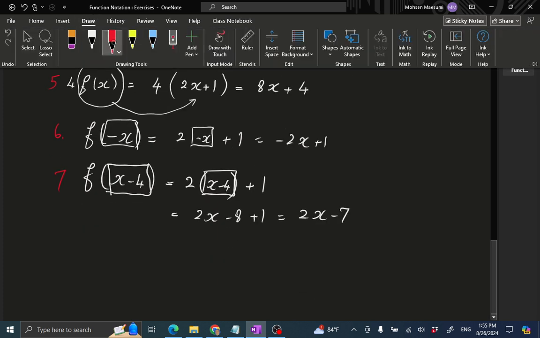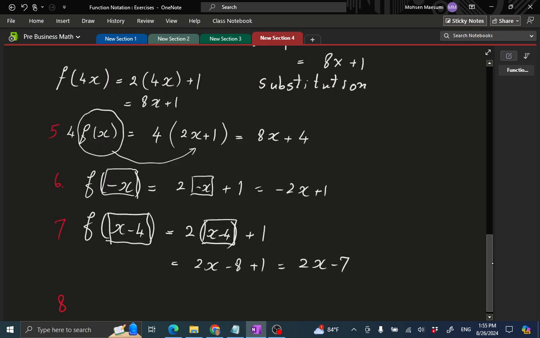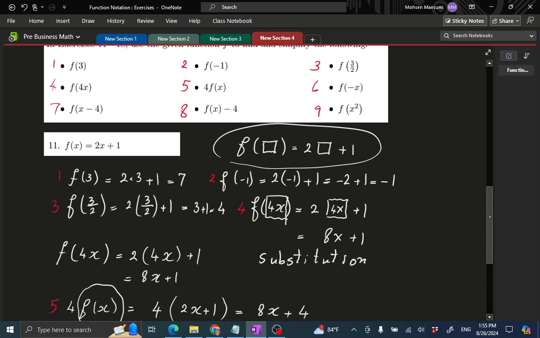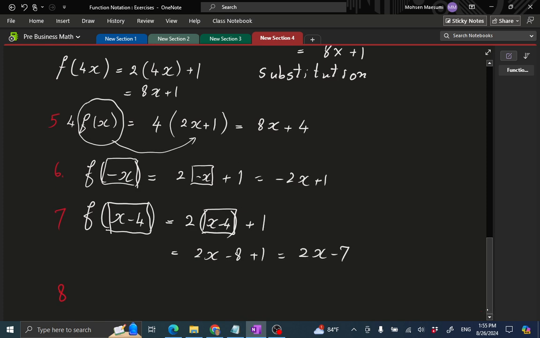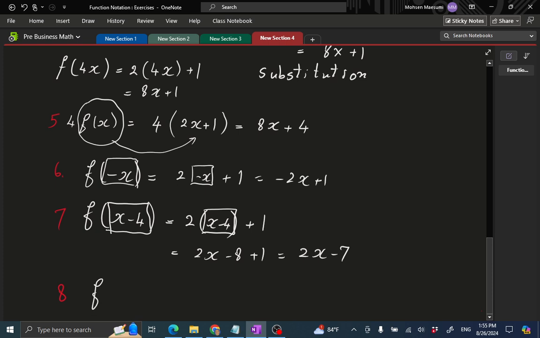What else do we have here? Say 8. f of x minus 4. Again, this book is teaching you very nicely. Notice the similarity of how things are written and how widely different they are. For f of x, the input or the box of f has just x in it. That 4 comes later.